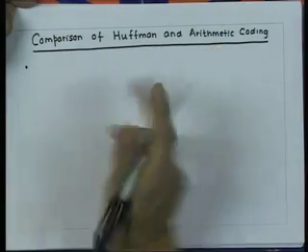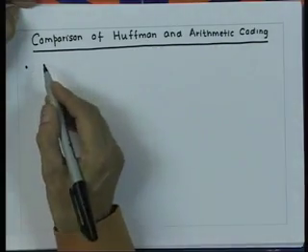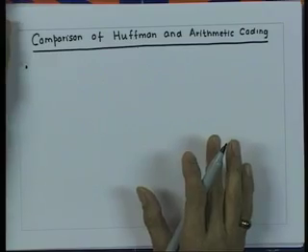Arithmetic coding is more complicated than Huffman coding, but arithmetic coding allows us to code sequences of symbols. Now, how well this coding scheme works depends on how it is used.